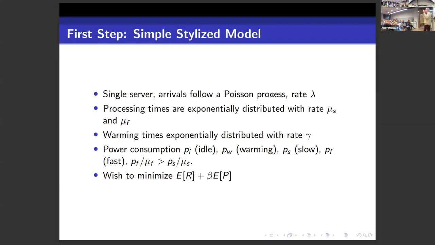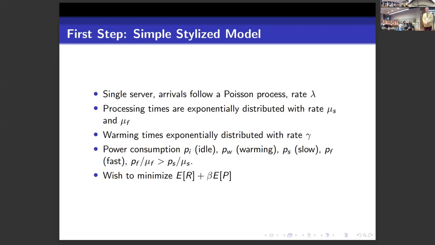I'm going to give you the option to run this server at two different processing rates, rate mu slow and rate mu fast. I get those two choices. The warming time, the time to turn on a server, is exponentially distributed, which is a bad assumption in practice, but we'll assume it for now, with rate gamma. This means that the mean time to turn on a server is 1 over gamma.